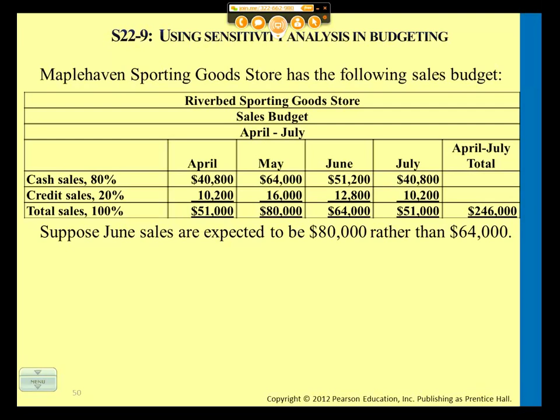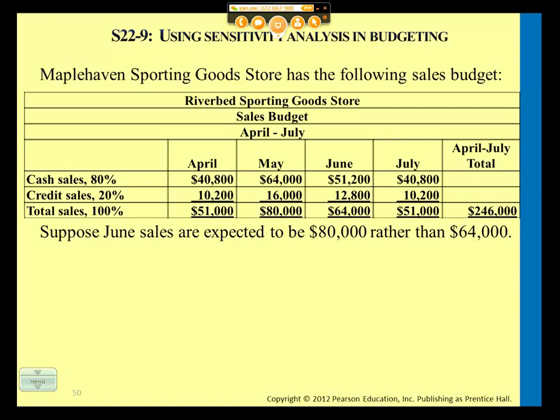Let's do this. We have a store that right now has this sales budget. What are we going to change? We're going to change the sales number from 64,000 to 80,000. We have cash sales, credit sales, and total sales, and the percentages are given to you.